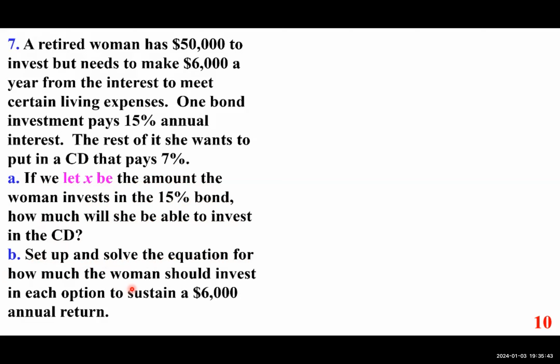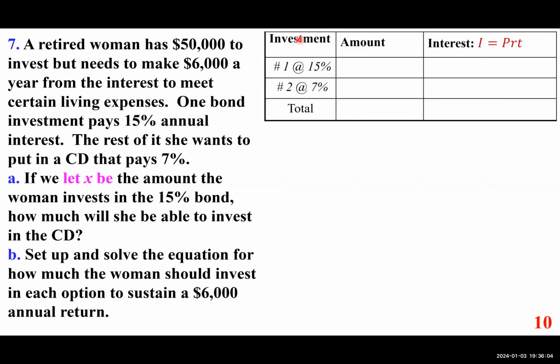Excellent. So we are dealing with the word problem. Number one, one might say, okay, why not put everything in the 15%? There are always reasons such as taxation and so on. Secondly, you should always set up a table. So here's what happens. We have the investment. The first one is at 15%. The second one is at 7%.